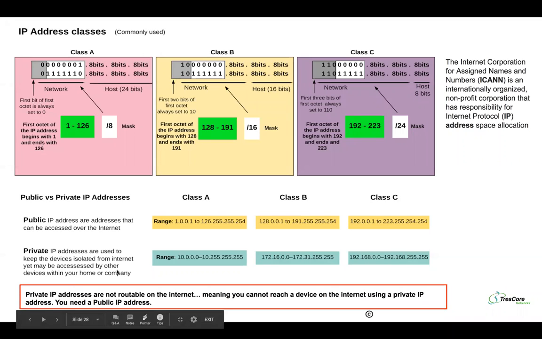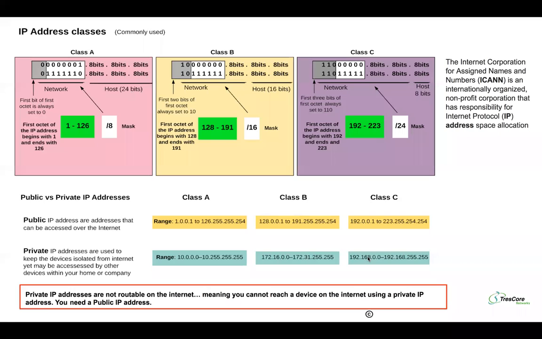Okay, so the only requirement is that these addresses are only used within your own company or within your own home. For example, the IP address you get from your wireless router will be a private IP address in this range. It may be 192.168.1.1, or in some homes you see 10-dot addresses.